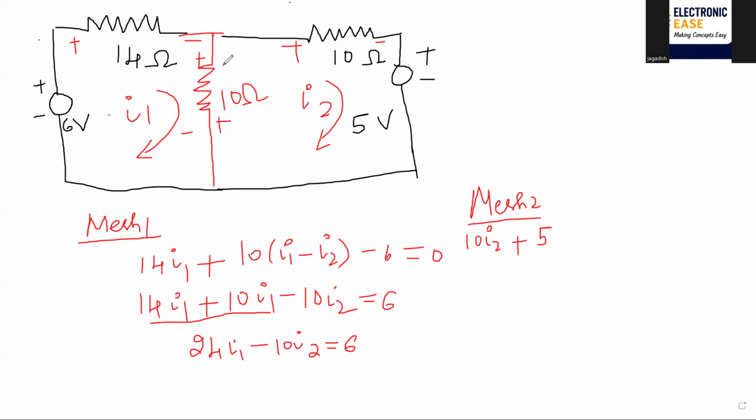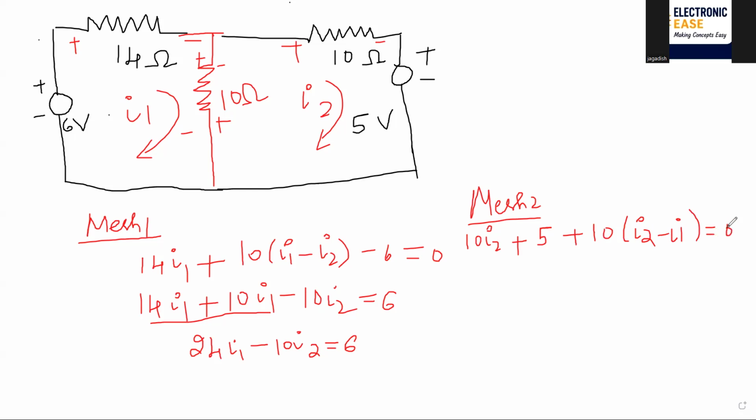So it is plus 10 into I2 minus I1, because I2 is starting first, equal to 0. Now solve for this.